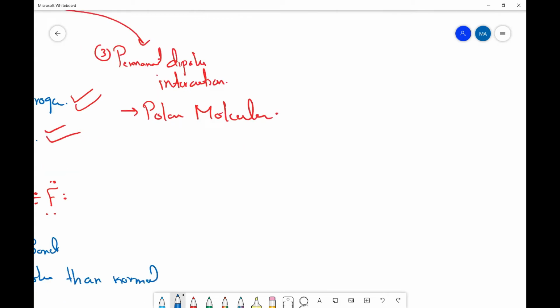So remember we studied how dipoles are considered to be strong and weak. You remember?